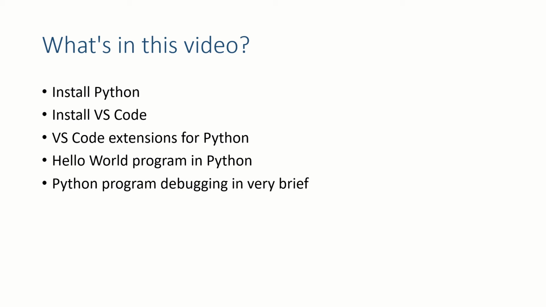The freshly installed Visual Studio Code won't work for Python. You'll have to download some additional extensions, and in this video we are going to tell you which extensions you need to install for Python, and then we will install them. After that, we'll be able to run a simple hello world program in Python, and I'll also tell you how to debug it briefly.